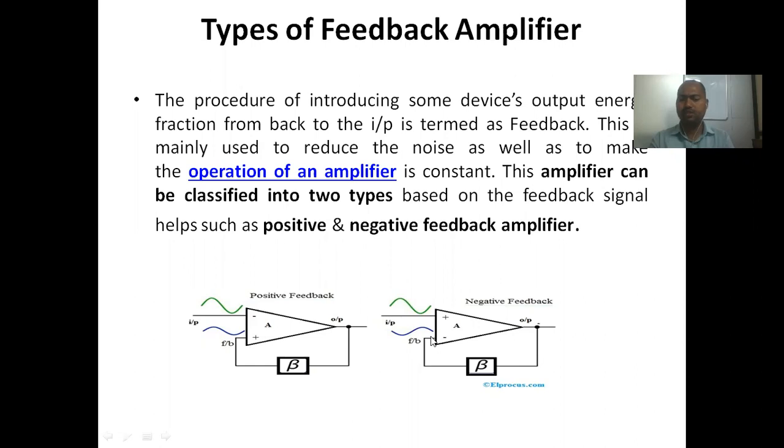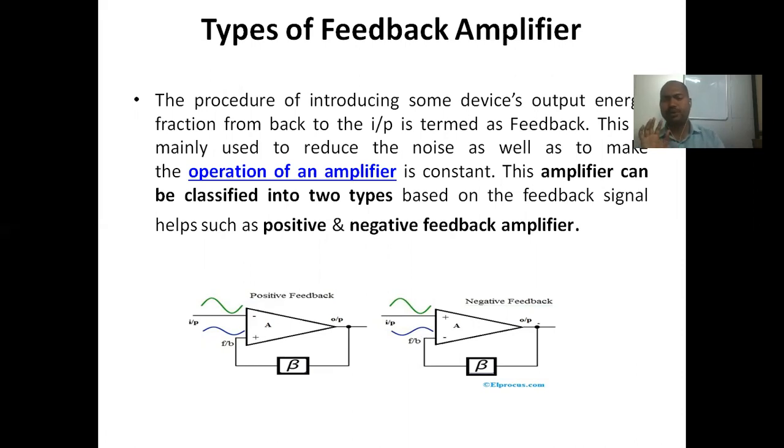Again I'm repeating in one sentence: positive feedback indicates that the phase shift between input and output is equal to 0 degree. When the phase shift between input and output is equal to 180 degree, then that type of feedback is called the negative type of feedback.